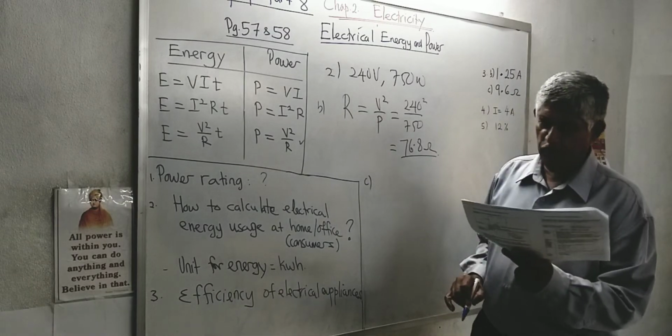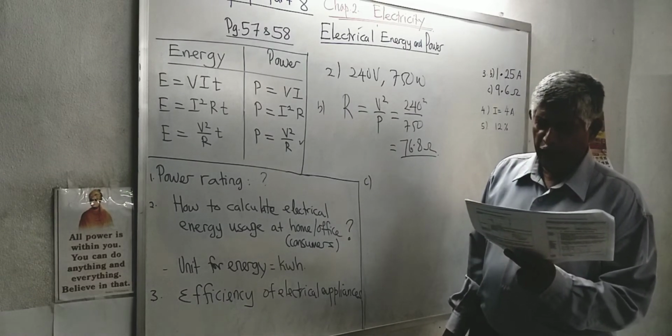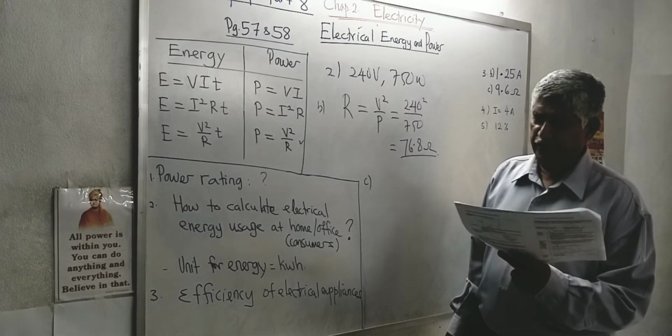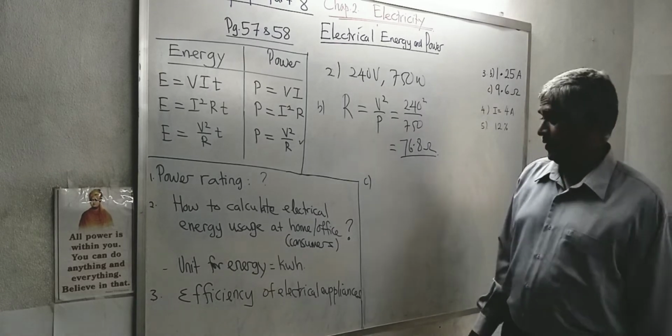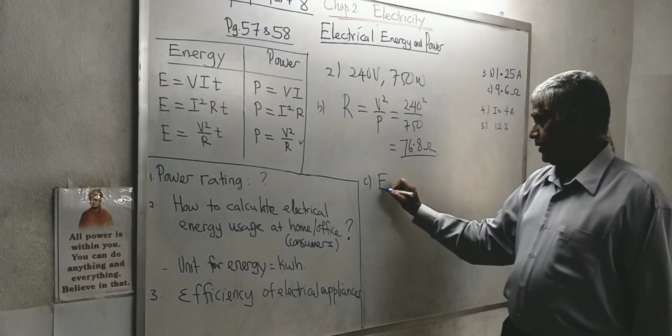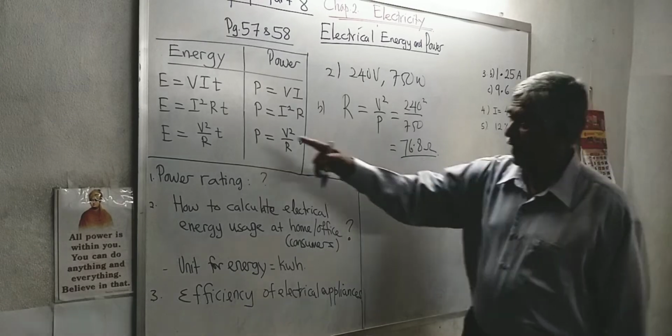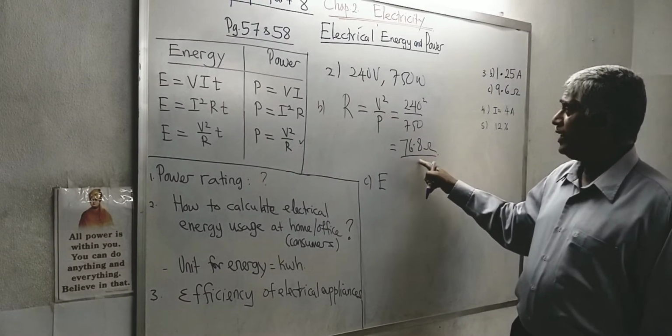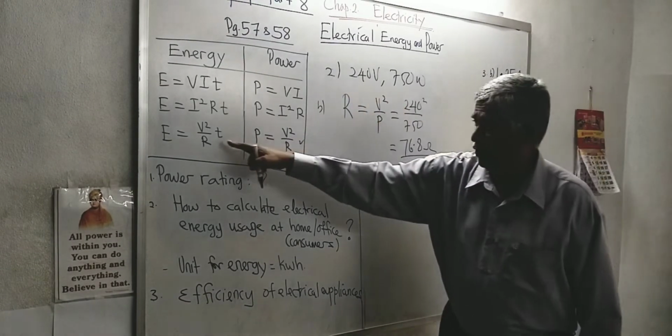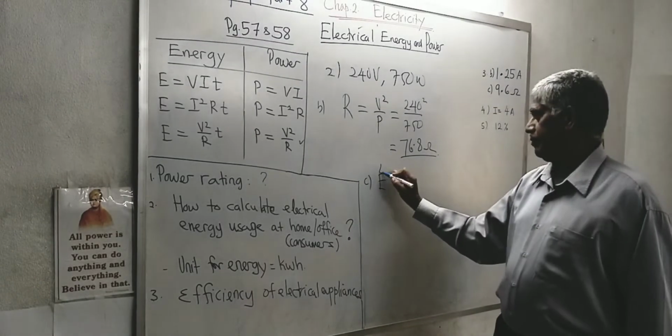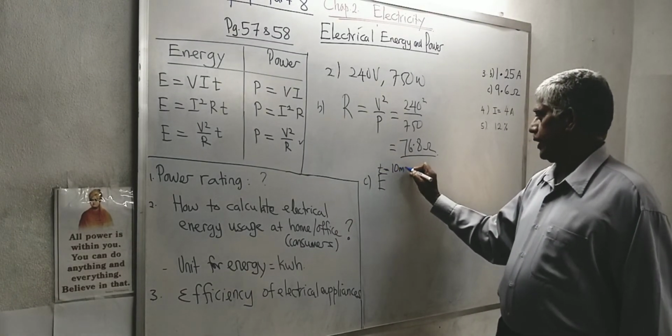2C, they ask what is the electrical energy consumed in 15 minutes. You can use energy since you know resistance, volt and also the time. Time given is 10 minutes.